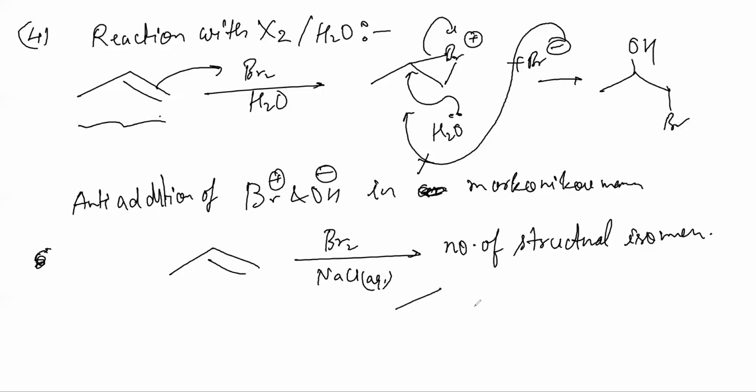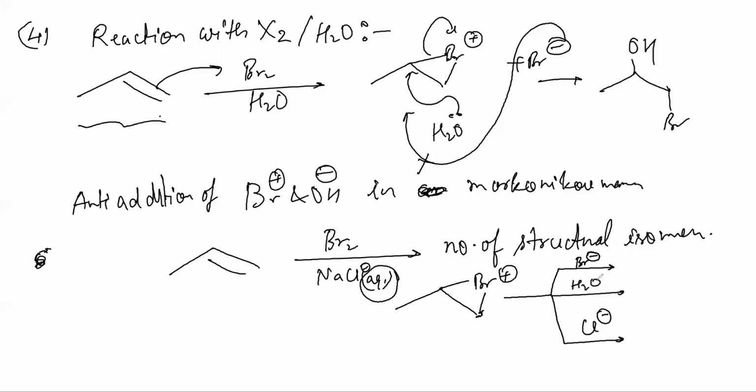So you are saying we will get this? We will get this for sure. Br minus is asking to help. Cl minus can also go and help. See, we have Cl minus, and we have aqueous medium also.